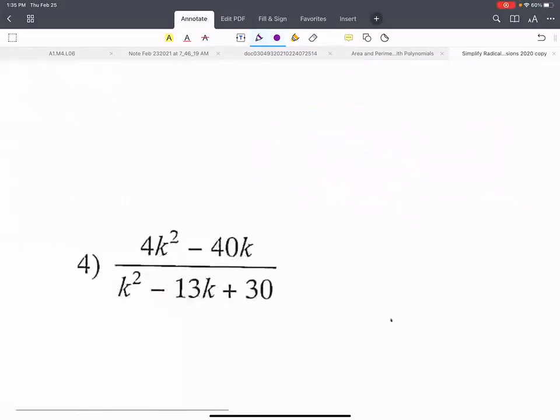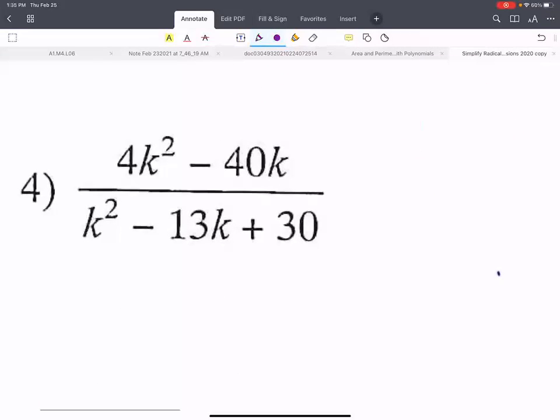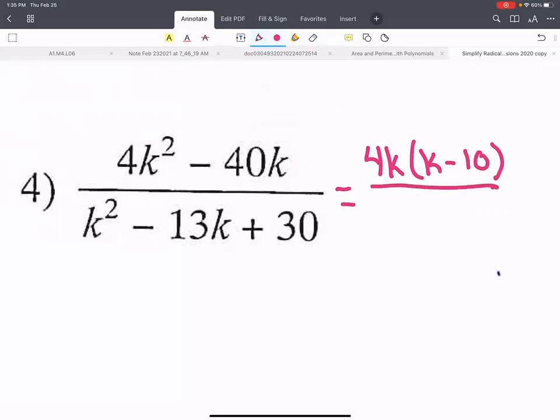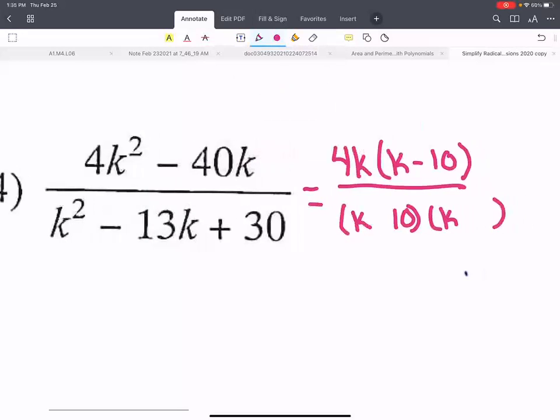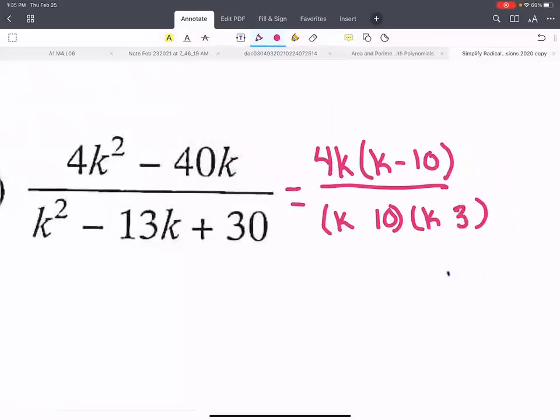All right, let's go take a look at number 4. What do you think I should factor out on the top? 4k. Yes. And that leaves k minus 10. And then on the bottom, I'm gonna have k and k. I'm assuming one of my factors is probably gonna be 10, right? What would the other be? All right.